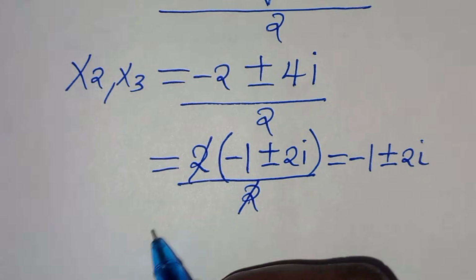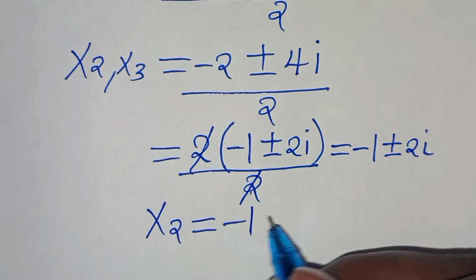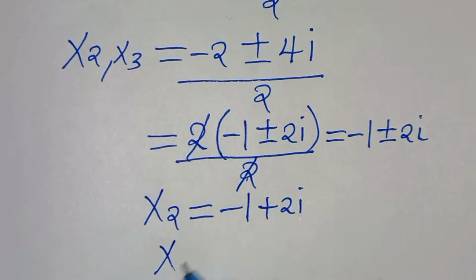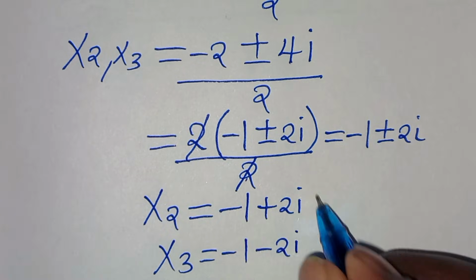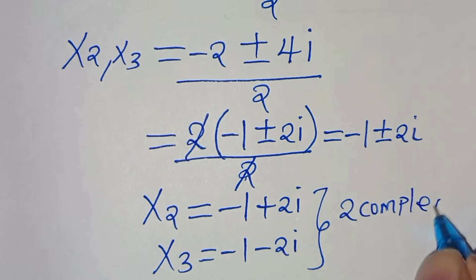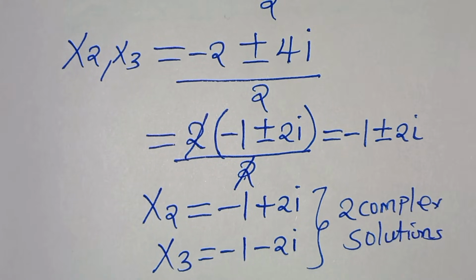So this means that x2 is equal to minus 1 plus 2i, and then we have x3 is equal to minus 1 minus 2i. Now, these are two complex solutions for this algebra problem.